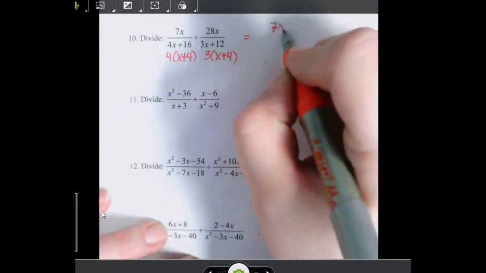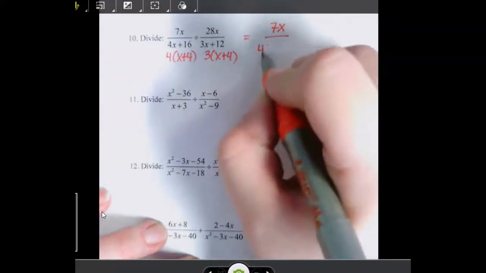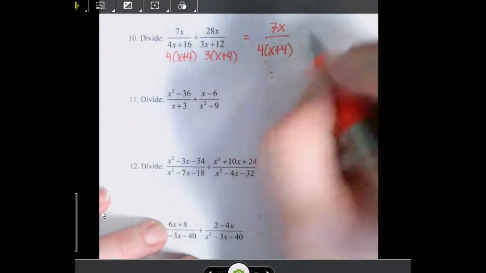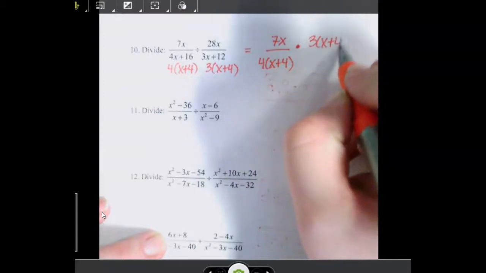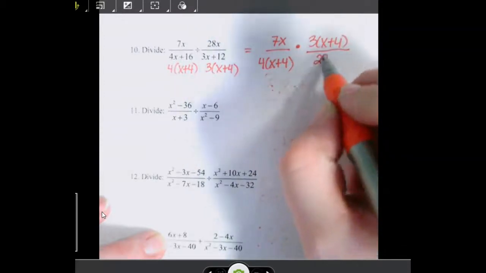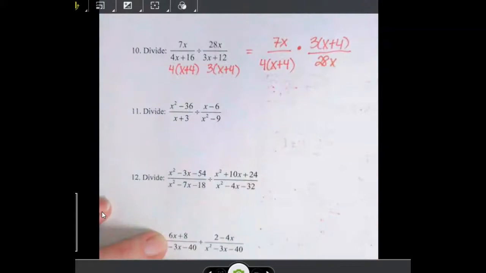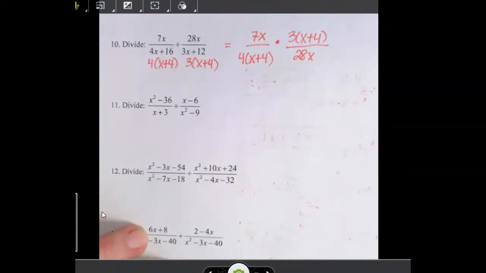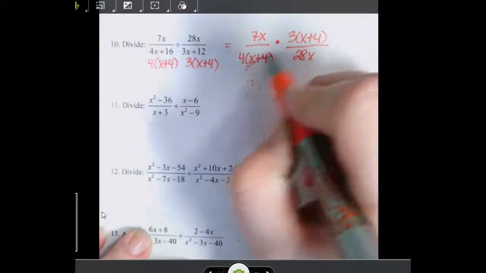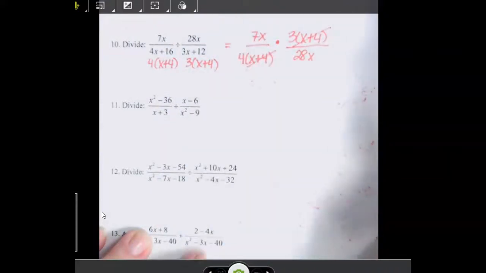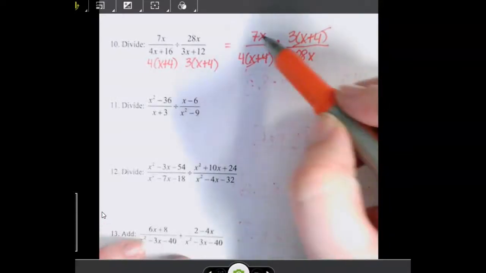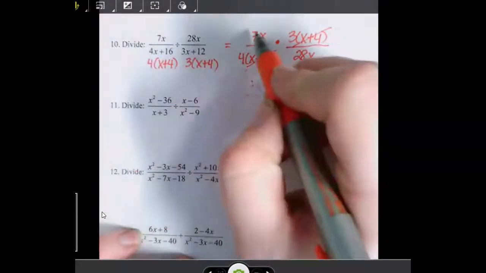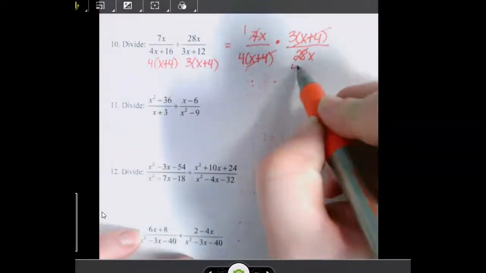All right, and then now I'm going to write my reciprocal. Multiplying by, and then I flip the second fraction. I invert the fraction by switching the numerator and denominator. So now I can see these common factors of x plus 4, and then 7x over 28x. 7 goes into 28 4 times, so I could reduce that to 1 over 4.